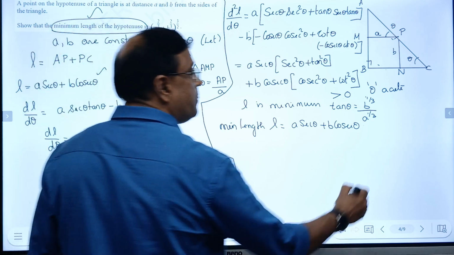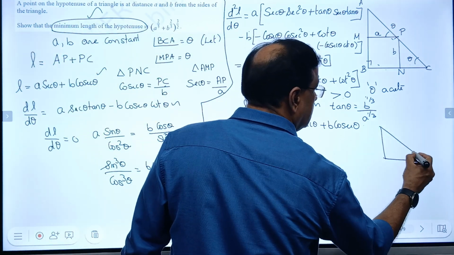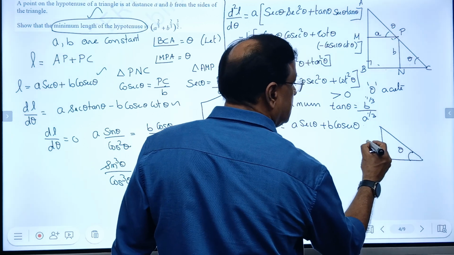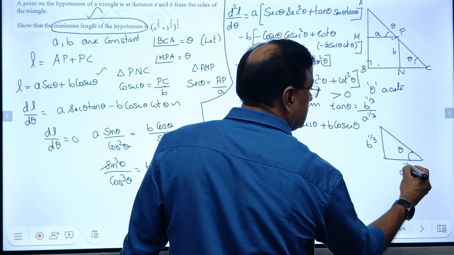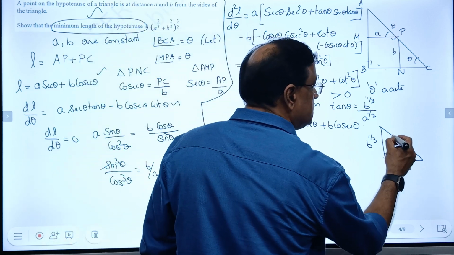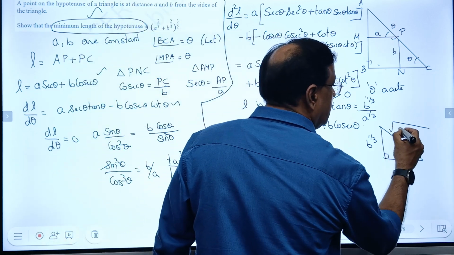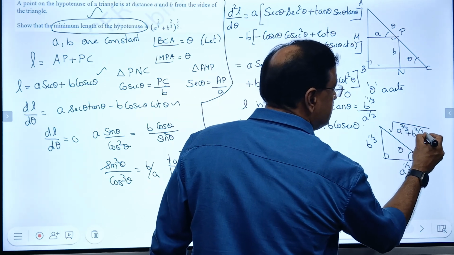For that what I do, I take a right angle triangle. Watch this carefully. This is theta. Tan theta is B power 1 by 3 by A power 1 by 3. Now if I use Pythagoras theorem, I will get this will be root of A power 2 by 3 plus B power 2 by 3, correct?